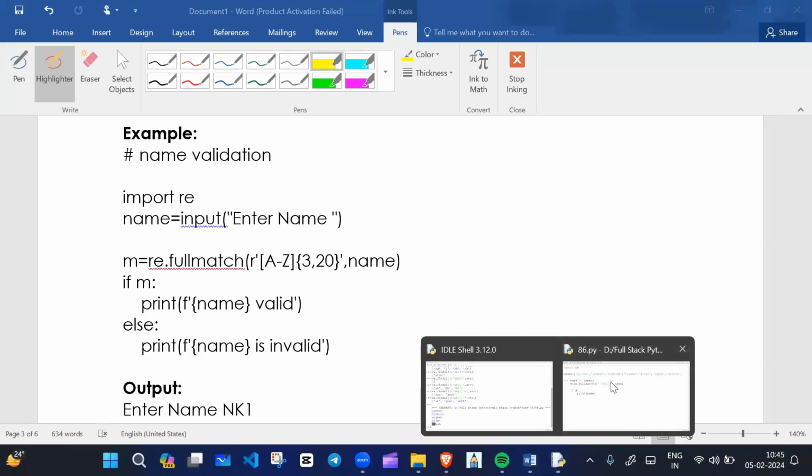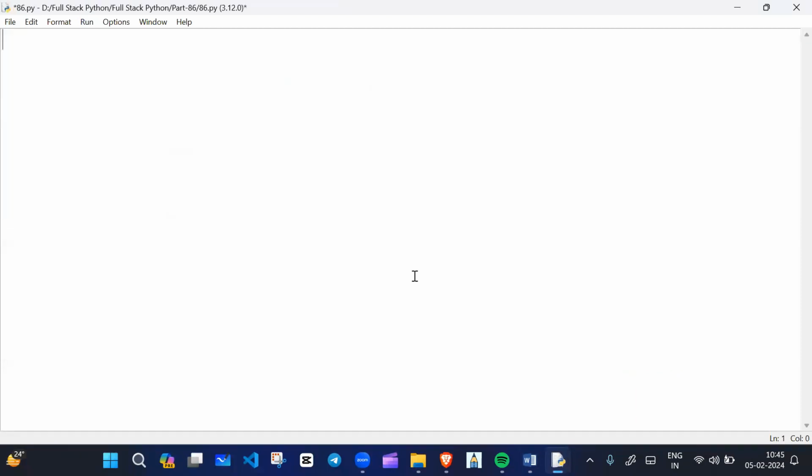Okay, so we will write the code. This code is nothing but name validation, right? So first of all, I will import the re module. Now I will take a name from the user. So we will write the input function because we are taking the name from the user.